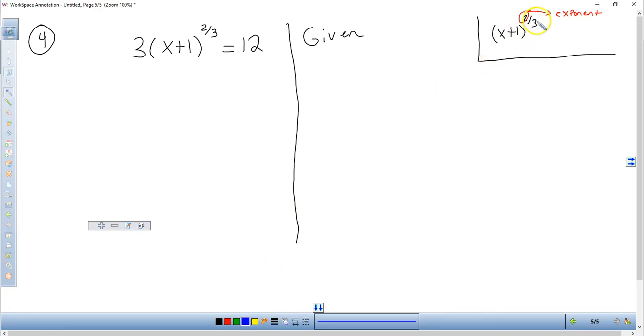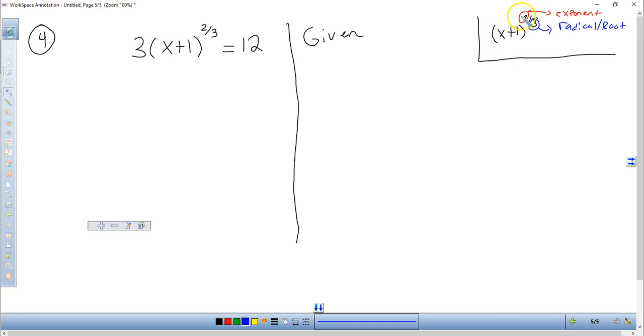And the bottom number, that's your radical or your root. Okay, so what that means is we're technically, and we work bottom to top on these, taking the third root or the cube root of this, and then whatever we get from that, we're going to square it or raise it to a power of 2.